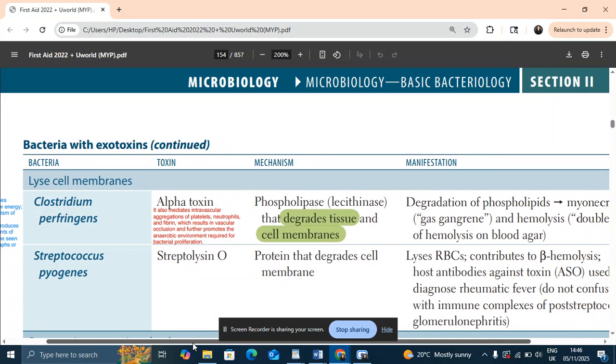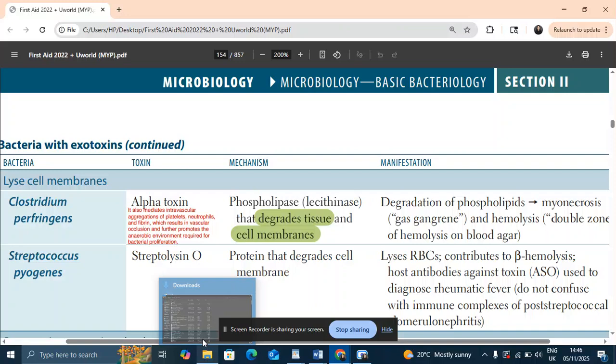So this is Clostridium perfringens, and remember that it produces a toxin called alpha toxin. Think of Clostridium perfringens as a gas producing, muscle eating bacteria. The virulence factor for Clostridium perfringens is alpha toxin.